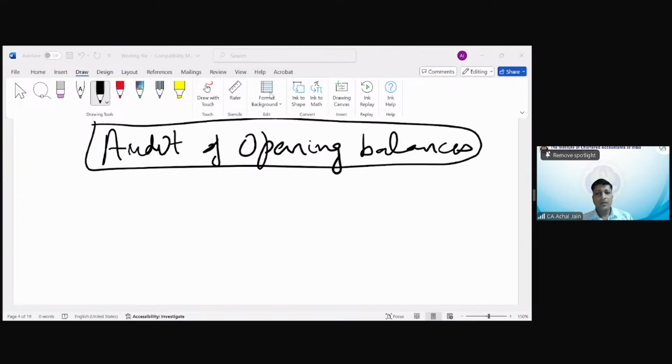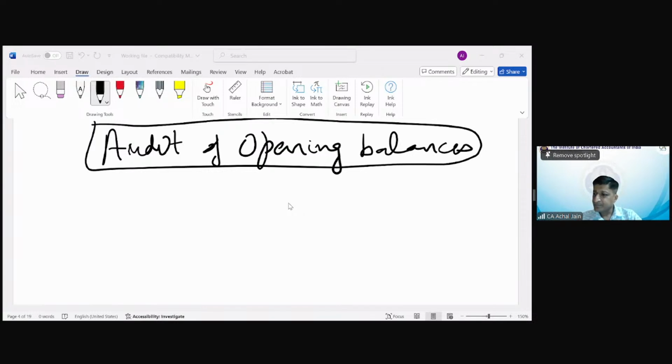Sir, audit of opening balances, say for example. See the trial balance, whatever we have to run, the opening balance trial balance of the books of accounts of the entity. Then we have to check that audited balance of the previous year, that will be the opening balance for the current year. We need to check each and every item whether it is matching or not.